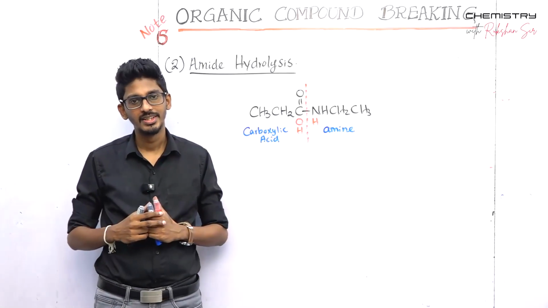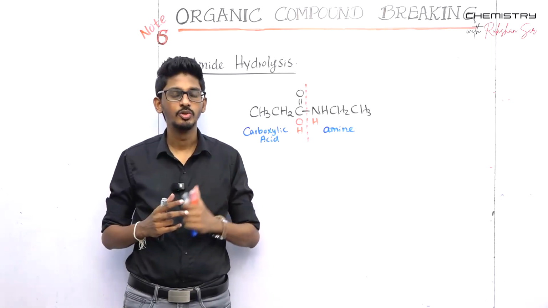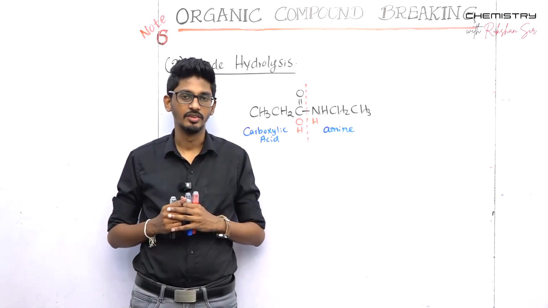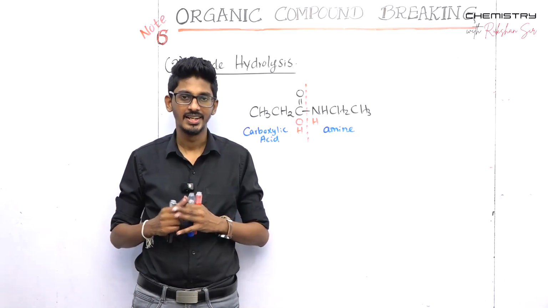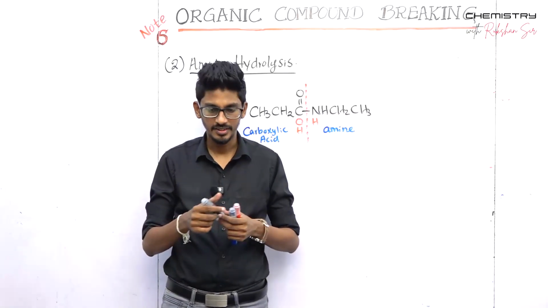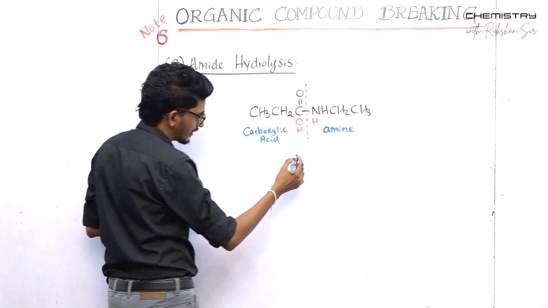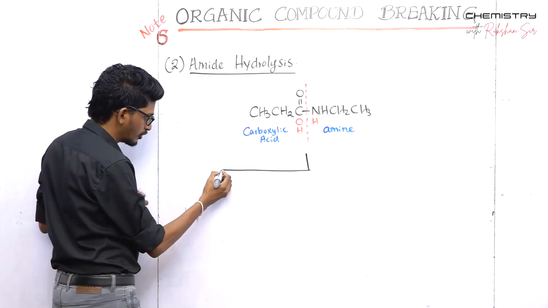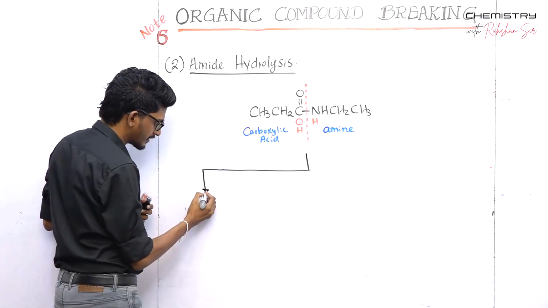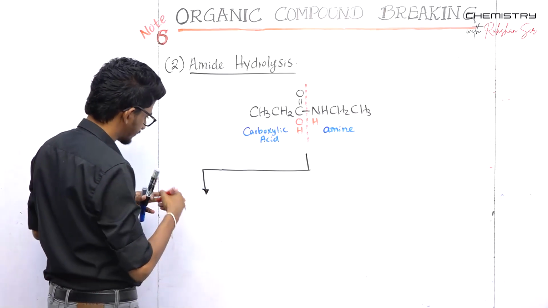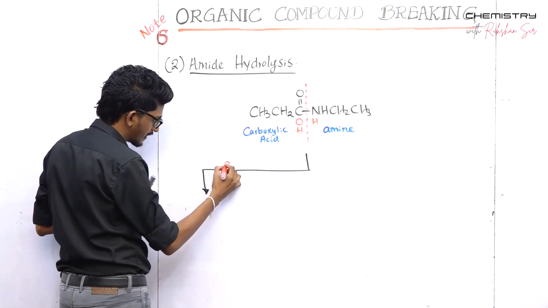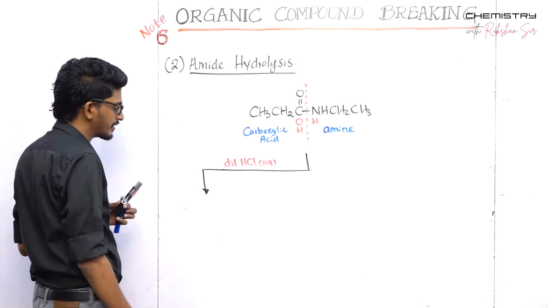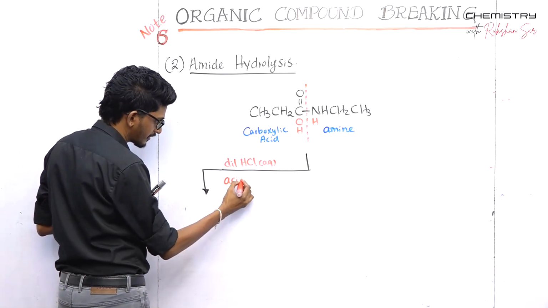So if we are to use some base as our catalyst to do this process, we refer to it as the base catalyzed amide hydrolysis or base hydrolysis reaction. Let's discuss one by one, right? First, we'll start with the acid catalyzed amide hydrolysis, right? So if you are to use some acid, as an example, let's use dilute HCl, HCl(aq), then the process is referred to as acid hydrolysis or acid catalyzed hydrolysis.